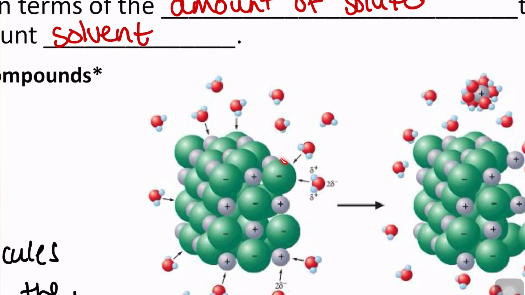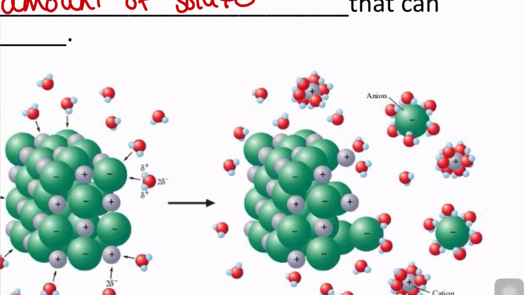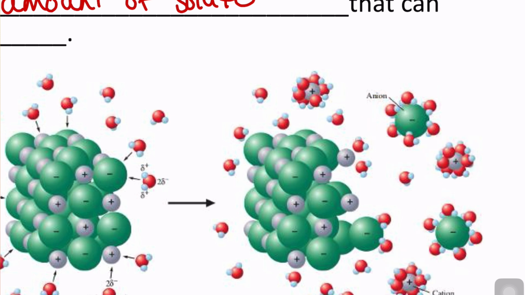So that means if I have my negative anion, this water molecule is going to align so that the hydrogen is closest to the anion. With my cation, the water molecule is going to flip and the negative oxygen is going to be closest to the cation until it completely surrounds the different components, the different ions in that substance.